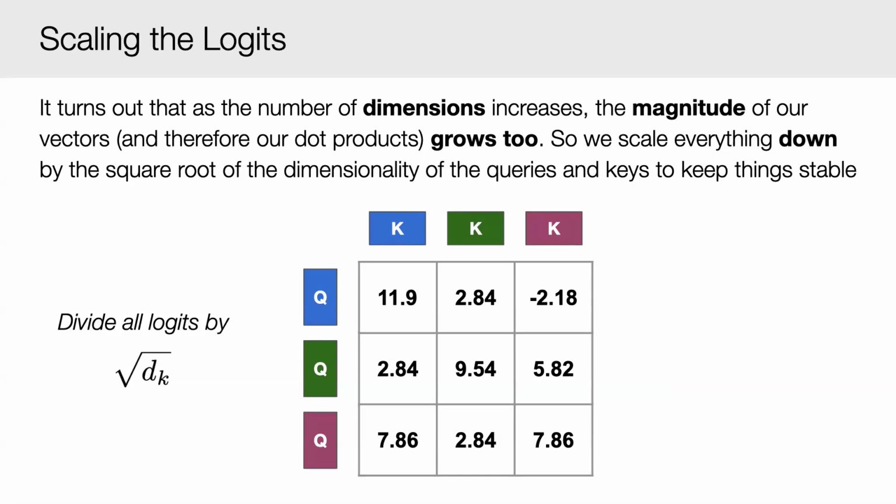As the dimensionality of these vectors grows, when you take the magnitudes of these vectors, and therefore the dot product between them, these dot products are going to get a lot larger. Which also means that the relative differences between them are going to get a lot larger, which means that when you do softmax, it's going to start to get wonky. So we're going to scale them down so that the relative distance will decrease.